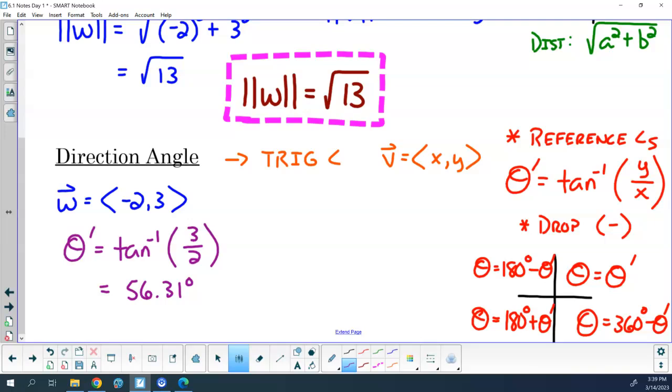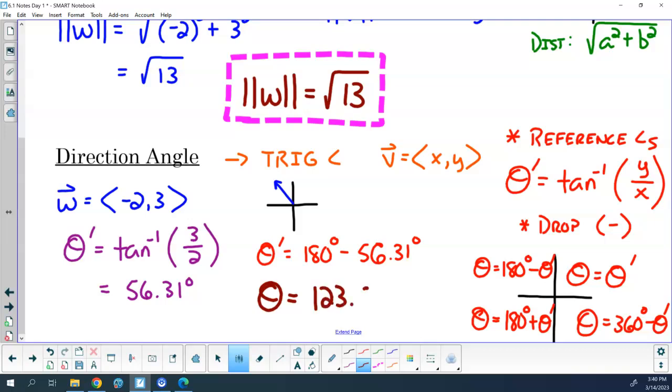Because negative 2 comma 3 is a vector in quadrant number 2, then that means that my actual direction angle theta is going to be 180 degrees minus my reference angle of 56.31 degrees. So my actual theta, my actual direction angle, is going to be 123.69 degrees.